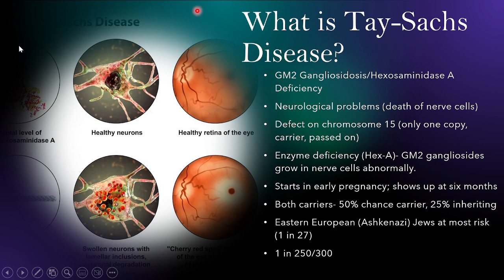Usually this starts in early pregnancy, but symptoms show up at 3 to 6 months of age. Both parents must be carriers, and there would be a 25% chance of inheriting this disease, 50% chance of just being a carrier, and 25% of not having this gene at all.